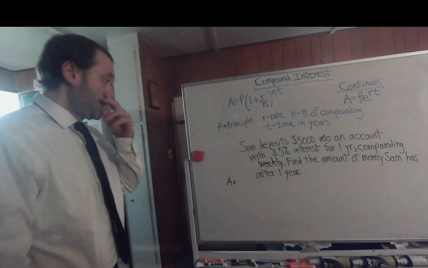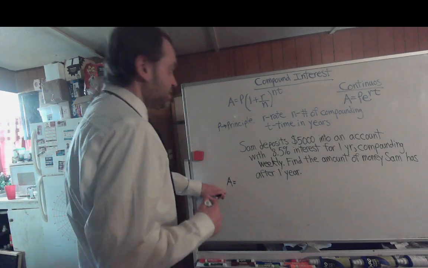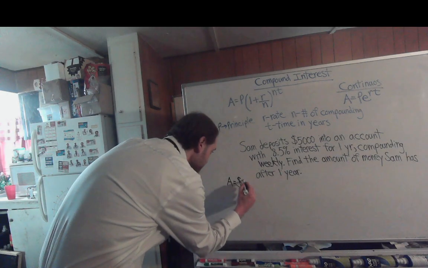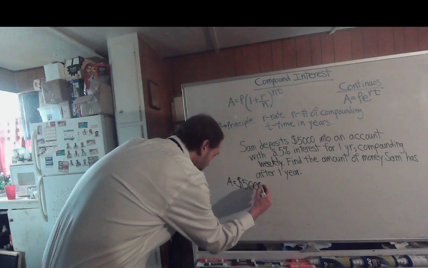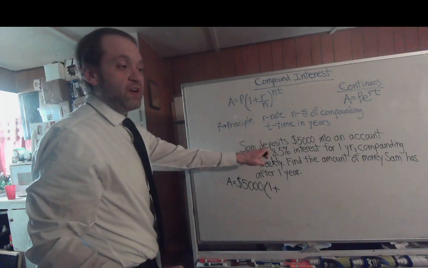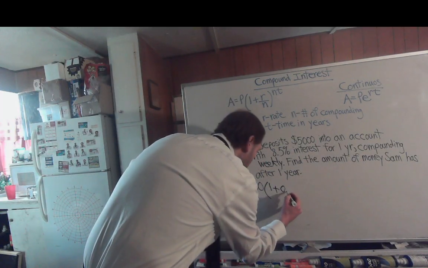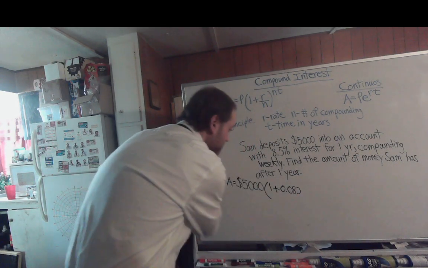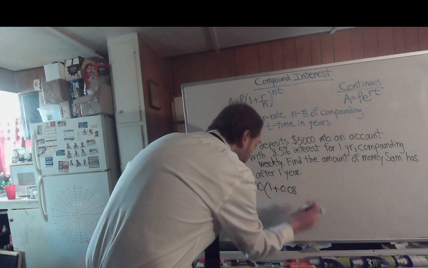So again, the amount he's going to have is the principal, that P, which is $5,000, times that 1 plus that rate of 8.5%, which is 0.085, excuse me. I don't know where I got the 25 from.